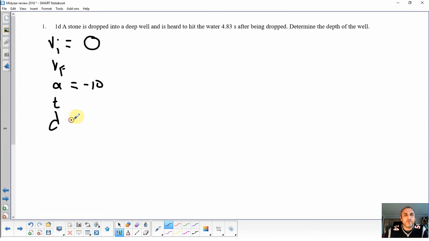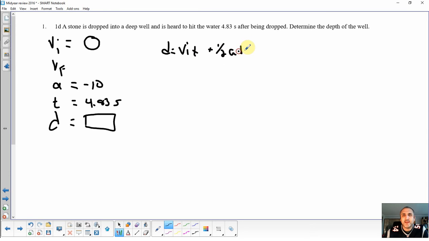We're looking for the depth of the well. So that's what we need, and we also are given the time, 4.83 seconds, and I use the equation D equals VIT plus 1/2 AT squared, and it's really just plug and chug. D is what we're looking for, VI is 0 times T, which is still going to be 0, plus 1/2 A is going to be -5.